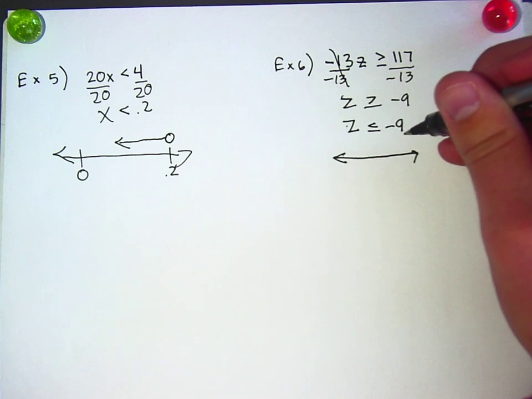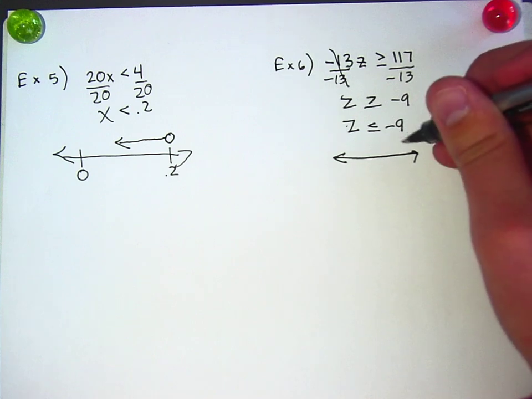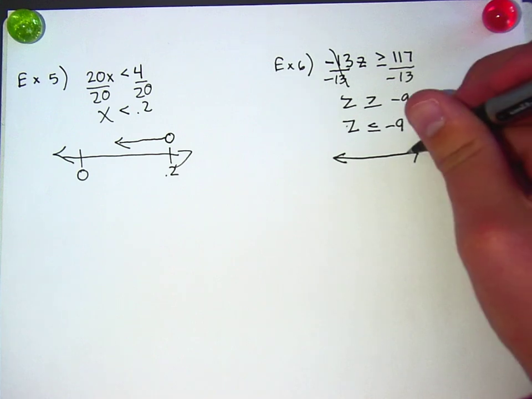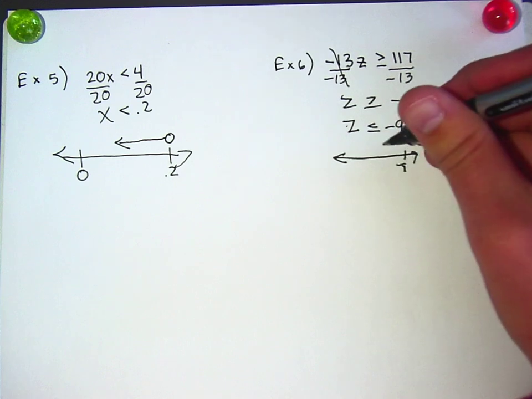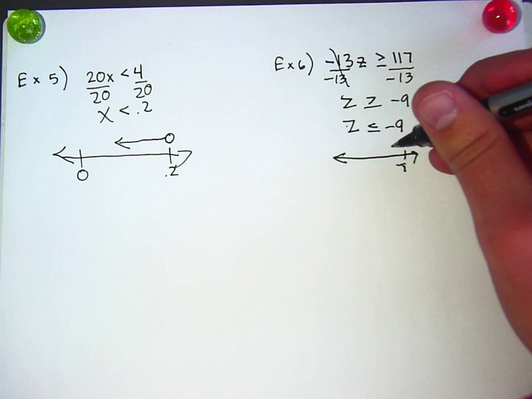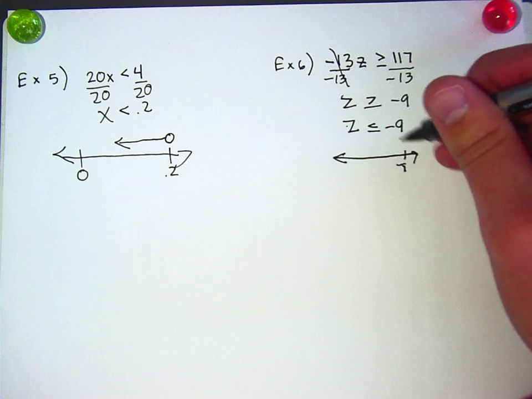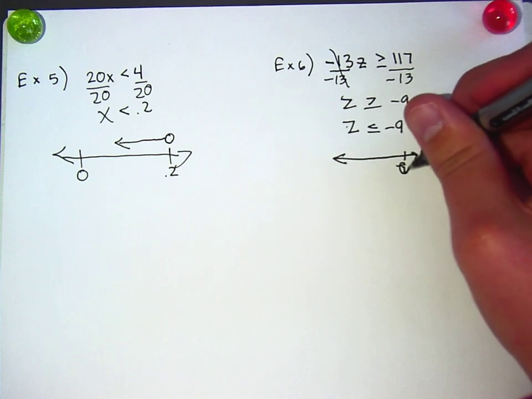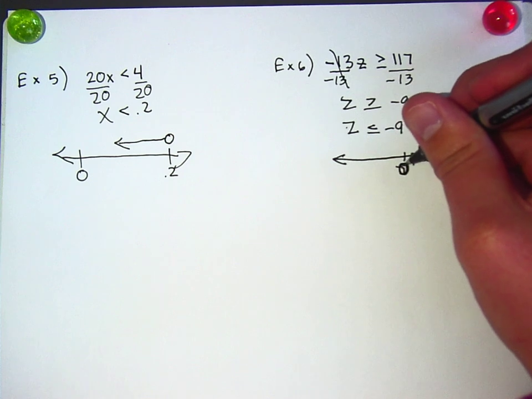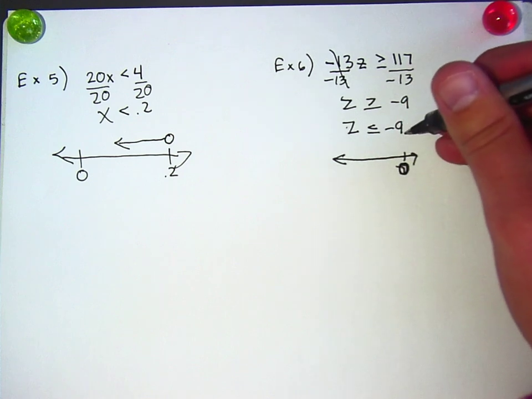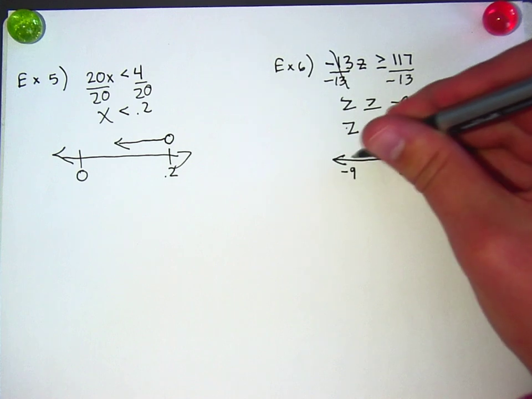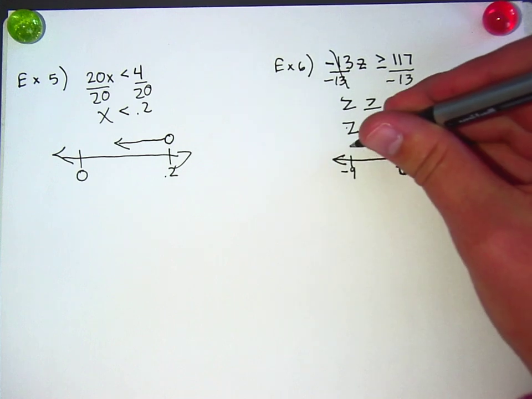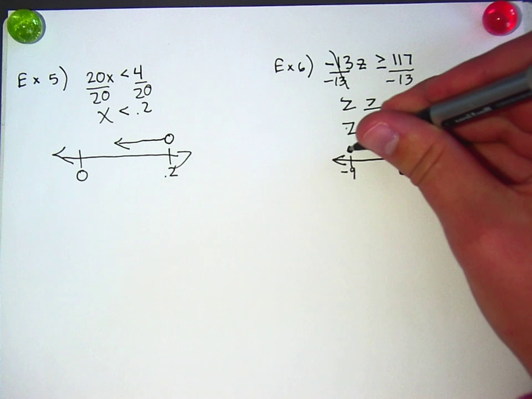Negative random 9? On the right side, it's -9. No, it isn't. The negative number comes on the left side. There we go. And then -9 on the left. Right, correct. And then it's a closed circle, going to the right.